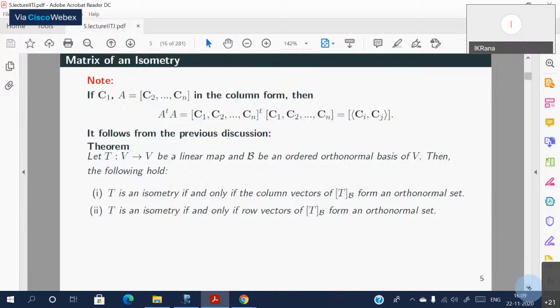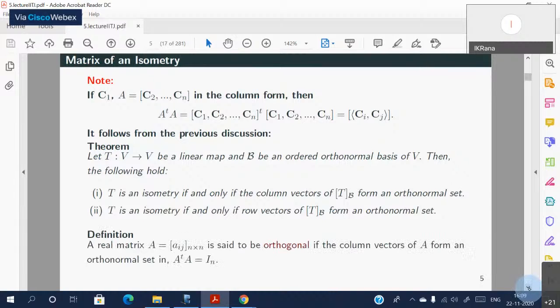In terms of matrices, we can write this as A transpose A is equal to identity, and such matrices are called orthogonal matrices. So that gives rise to a new type of matrices called orthogonal matrices. Orthogonal matrices are the matrices of linear transformations which are also isometric.